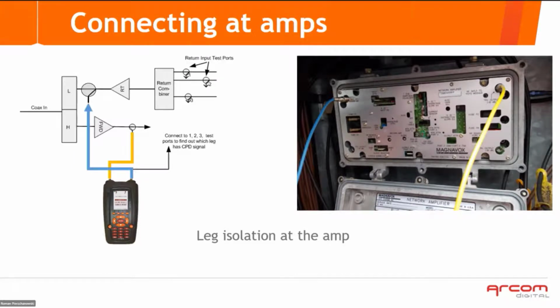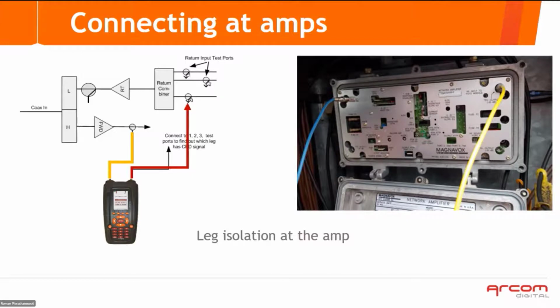We check combined return. We check which leg, 1, 2, 3, and if we find nothing, but at the fiber node there was something, then either we are at a wrong spot, or make sure that you see properly forward and return signals if the test ports are good.